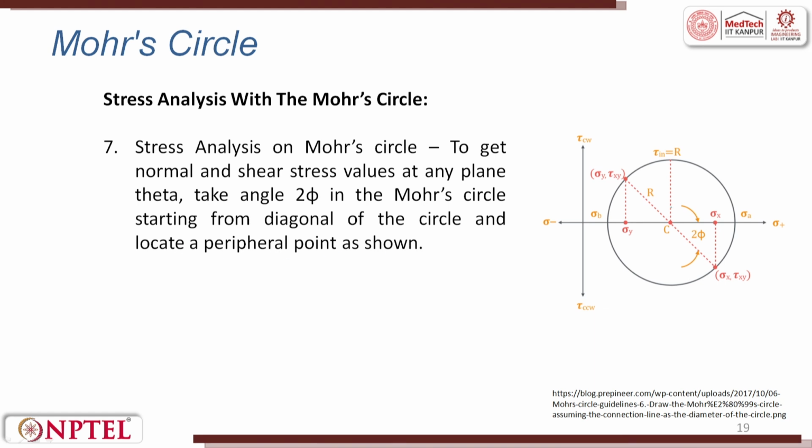as shown. So, what we are saying is to get the normal and the shear stress values at any plane theta. At any plane theta, take 2 theta. So, at any plane theta take this 2 theta, right, this is 2 theta. Take angle 2 theta in the Mohr circle starting from the diagonal of the circle and locate a peripheral point as shown.